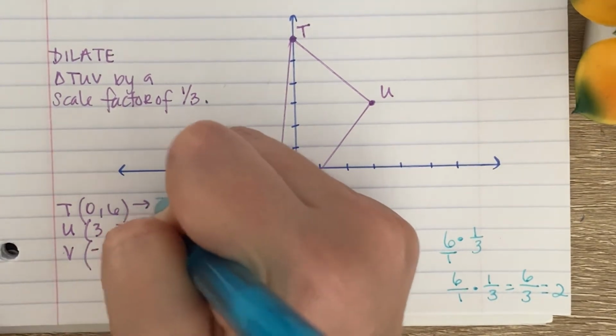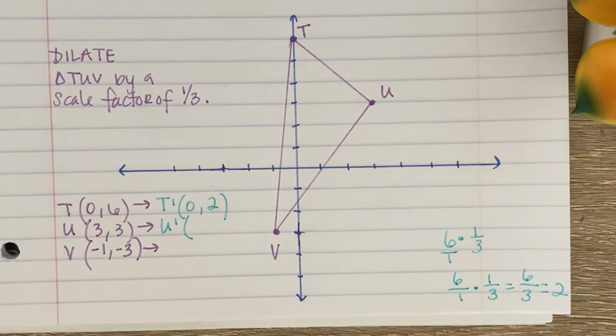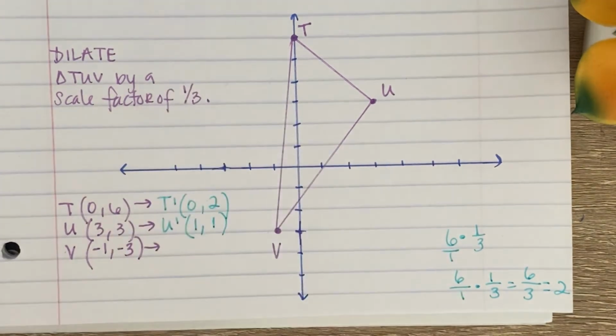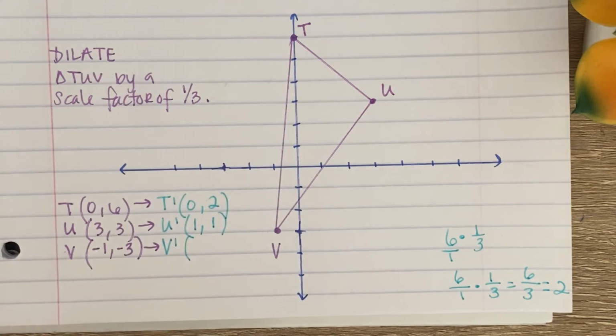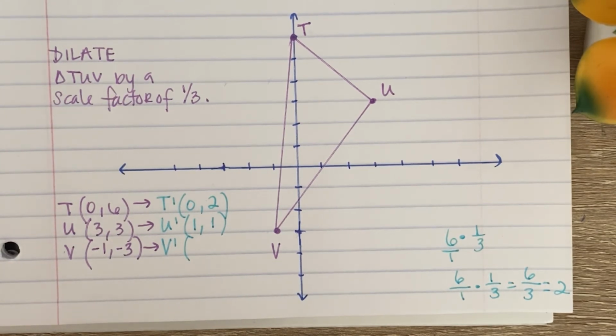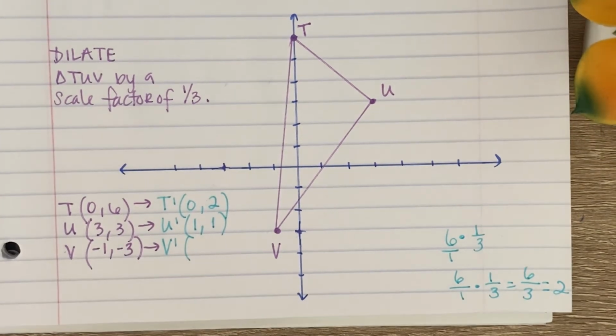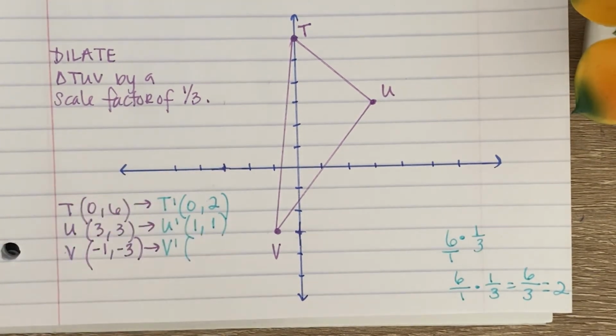Next, U prime, 3 times 1/3, or 3 divided by 3, is just 1, and then it's the same thing because it's the same number. And for V prime, here it gets a little tricky. So, -1 times 1/3. First of all, if you think about it, 1 times anything is, drum roll please, anything, okay?